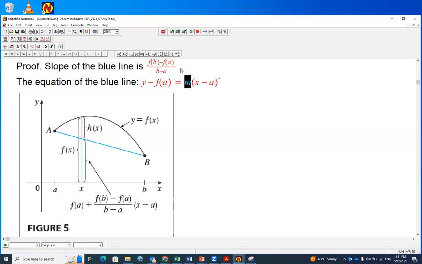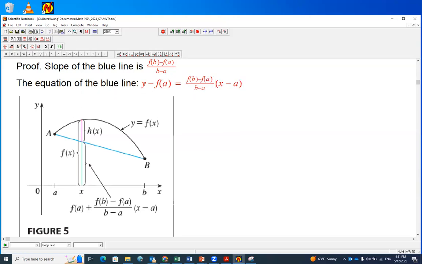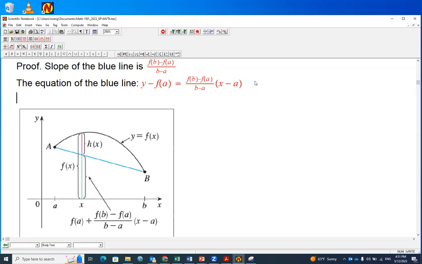And of course, the slope is this piece. That is the slope of the blue line. So that is the equation of the blue line.